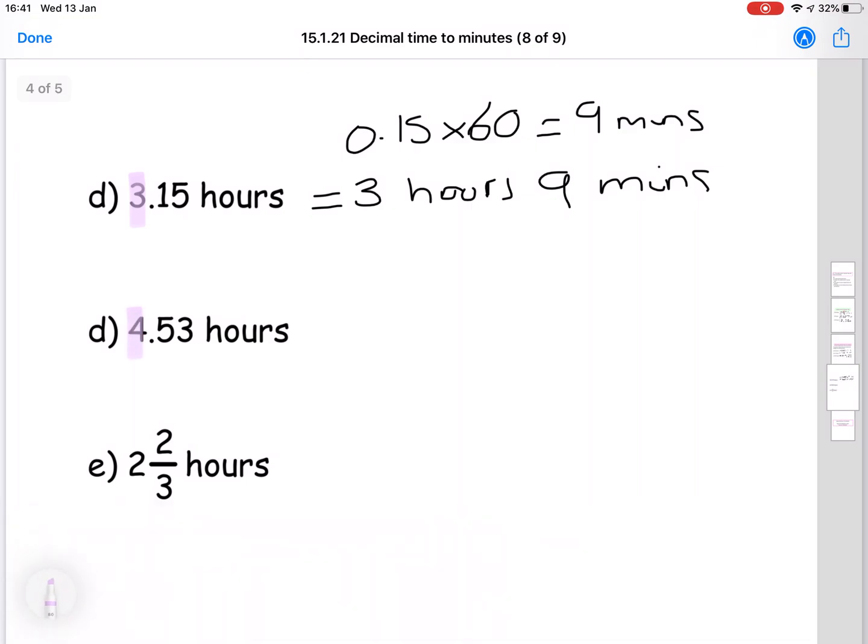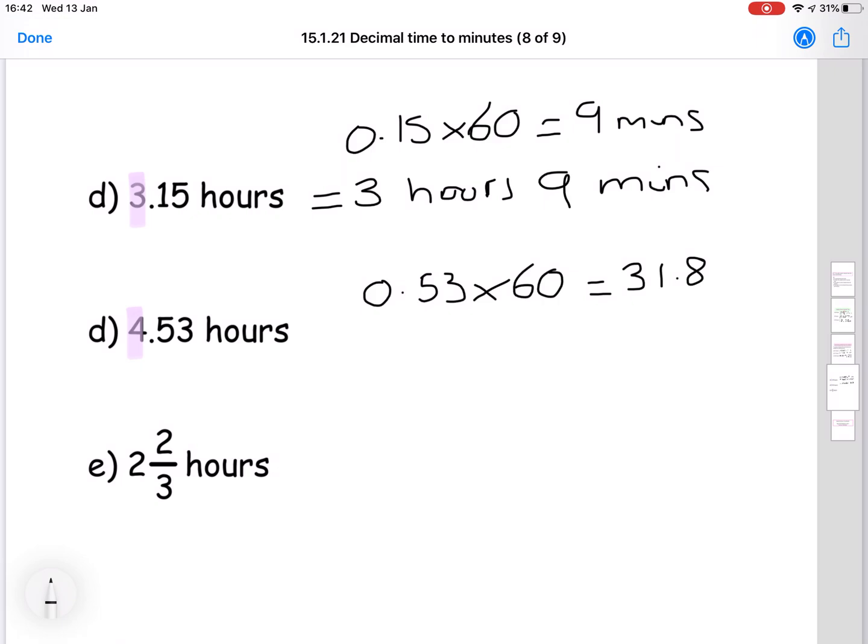Similar for the next example, we have 4.53 hours. The 4 hours, we're just going to leave alone as it is, and it's just the 0.53 that we need to change. So 0.53 times 60. The 4 is going to stay as 4 full hours. On your calculator, that's going to give you 31.8 minutes.